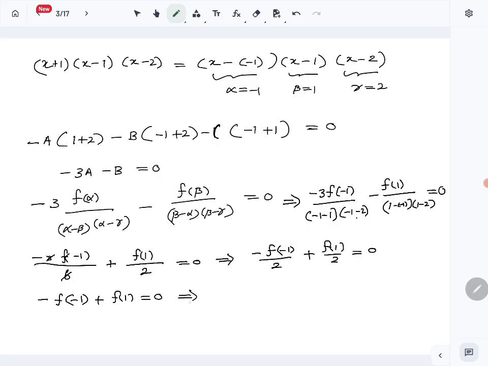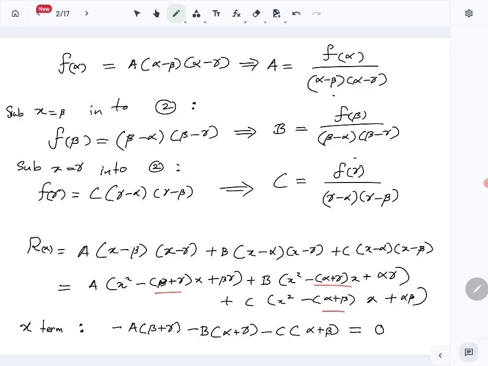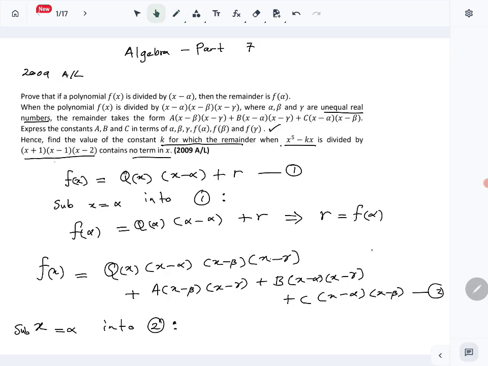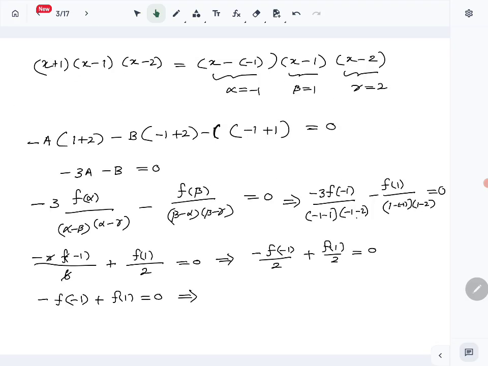Right. Now let's go back to the function. So what is the function? x to the 5 minus kx. So that is our function, x to the 5 minus kx. Let me write that function. Right.